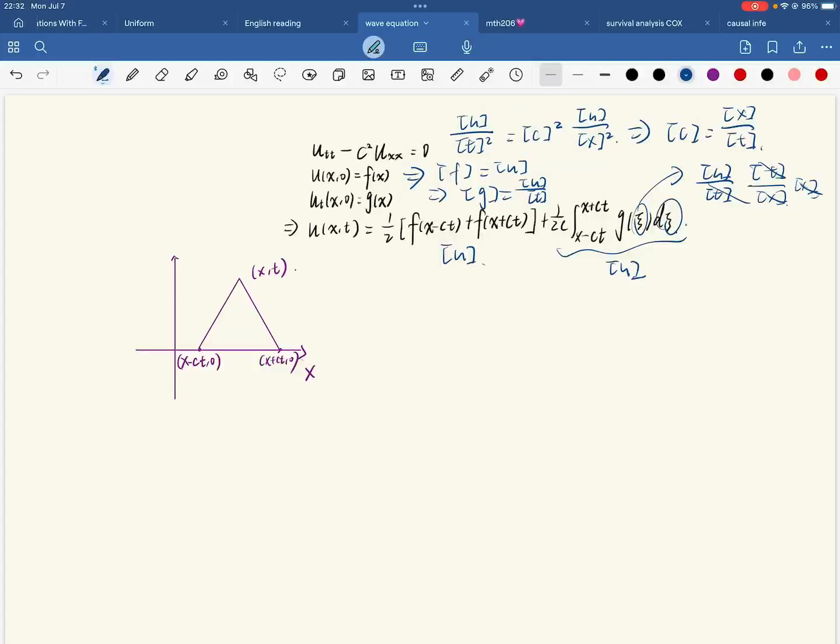And let's see, this is the wave equation. We can see this is x, t, and x minus ct, x plus ct, 0. And when we analyze the force on here, we firstly look at these two sides, these two lines.